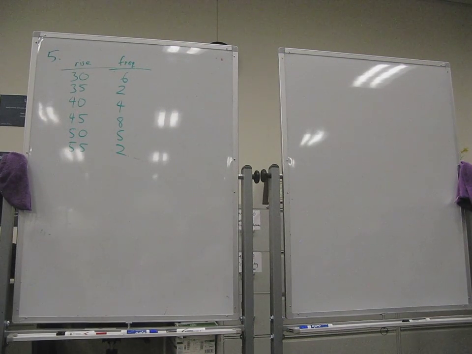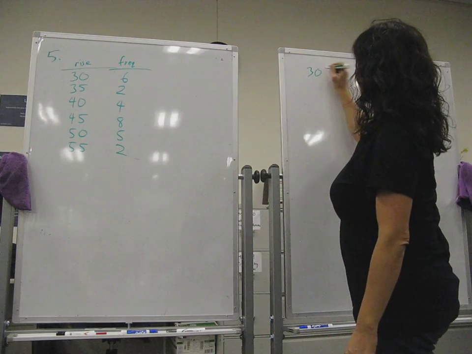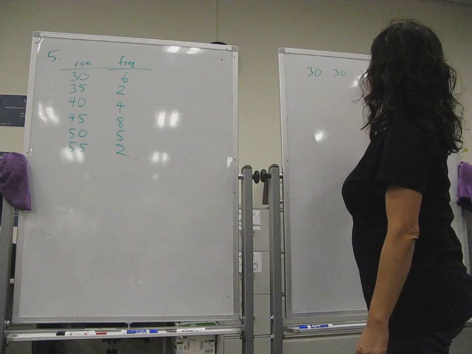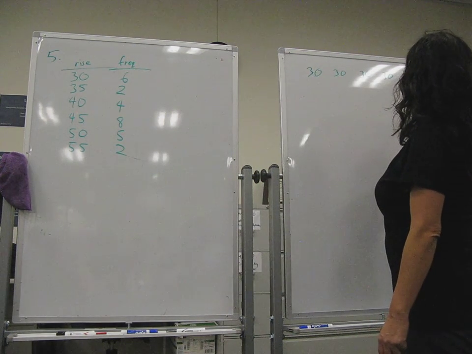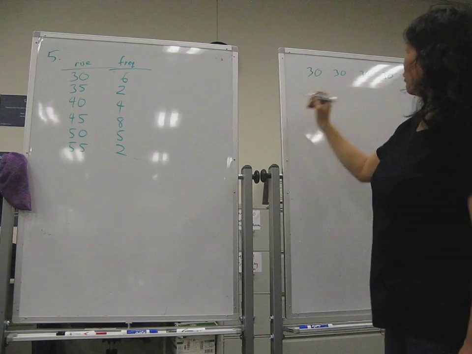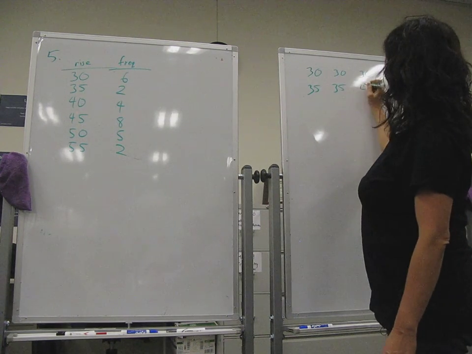Okay, so the first one, find the mean. I have 6 of these, right? Everyone follow me? So I could just do this: 30, 30, 30, 30, 30, 30. And then I have 2 35s. I have 4 40s.